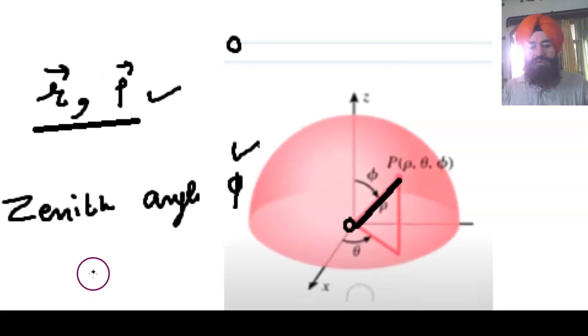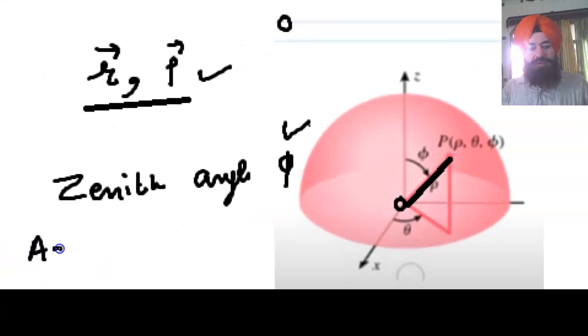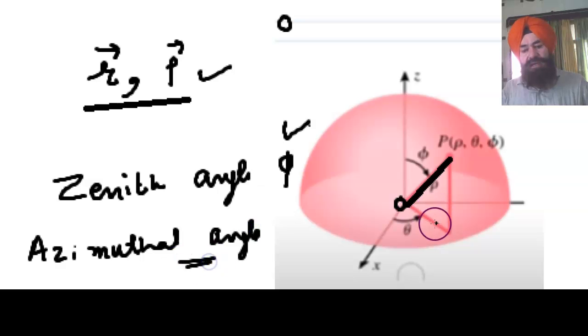Now the third angle is the azimuthal angle. This angle is phi. So what is this angle first of all?